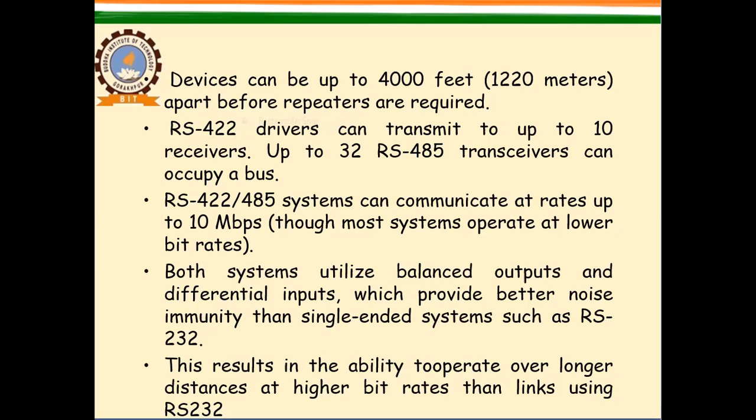So naturally, RS422 and 485 have better characteristics in comparison to RS232. This results in the ability to operate over longer distances at higher bit rates than links using RS232.